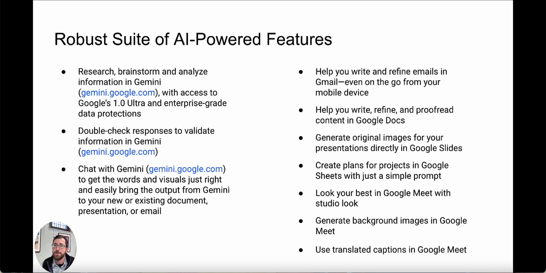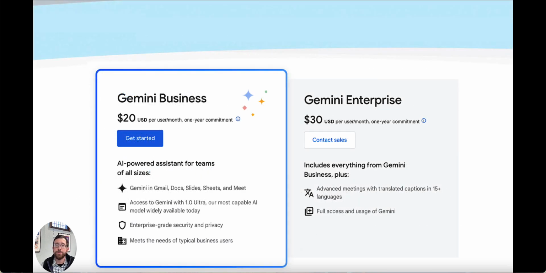The Google Workspace pricing for Gemini Business is $20 a user per month. The Enterprise version gives you all the things in Gemini Business, as well as advanced meetings, translated captions, and even some more robust features within the Gemini options.